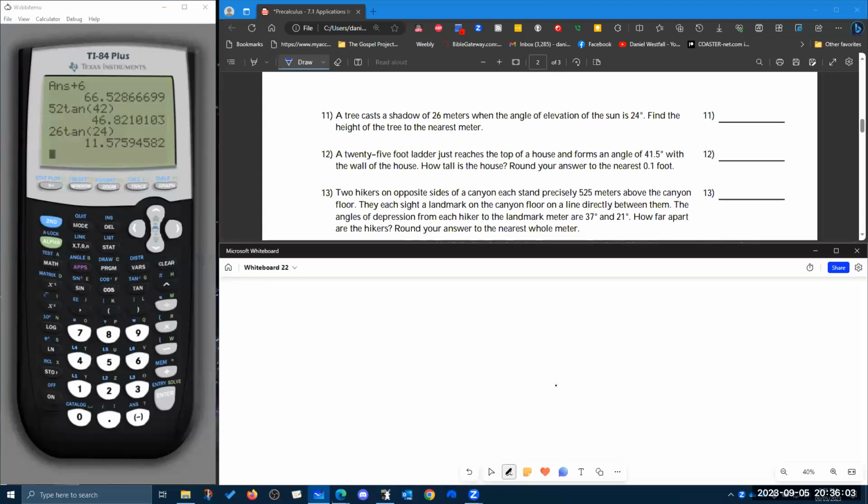A 25-foot ladder reaches the top of the house, forms an angle of 41.5 degrees with the wall of the house. How tall is the house? So we're going to say cosine of 41.5 degrees is equal to x over 25.